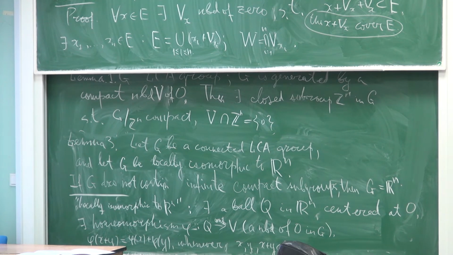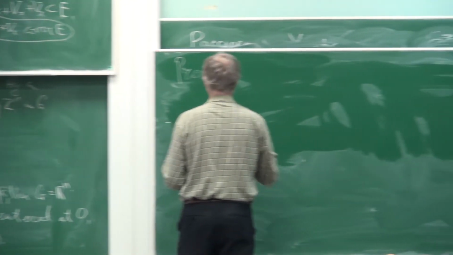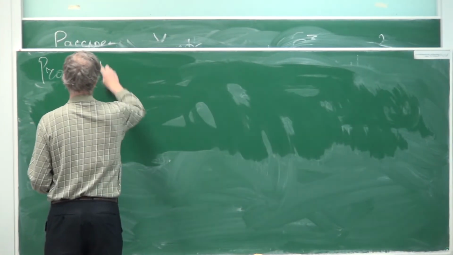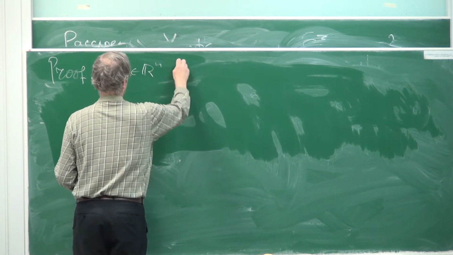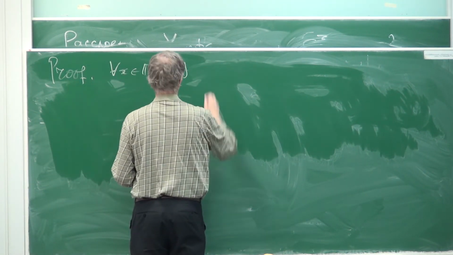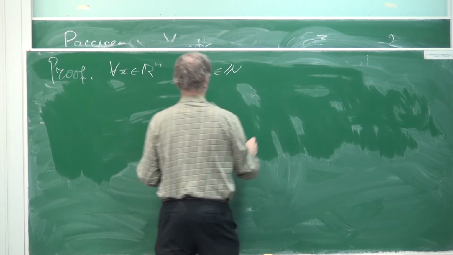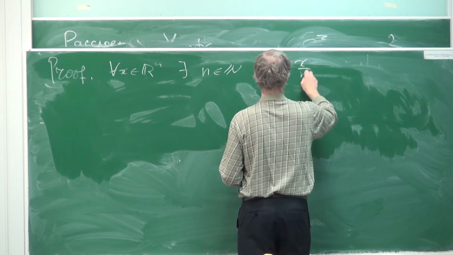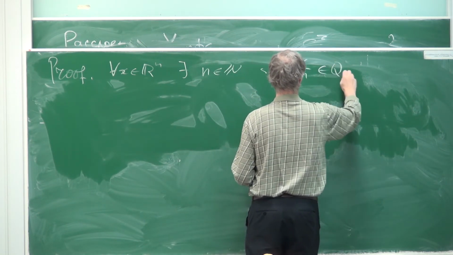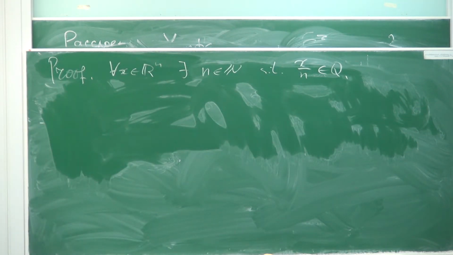Okay. So proof. Clearly for every x in Rn, there exists a natural number n so that x divided by n belongs to Q, because Q is a ball centered at 0.